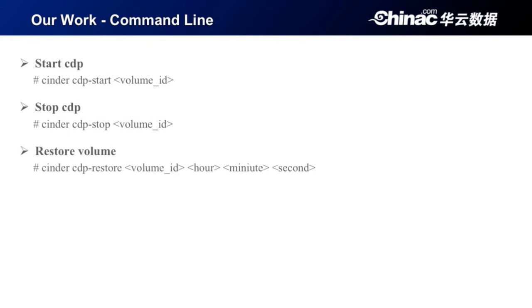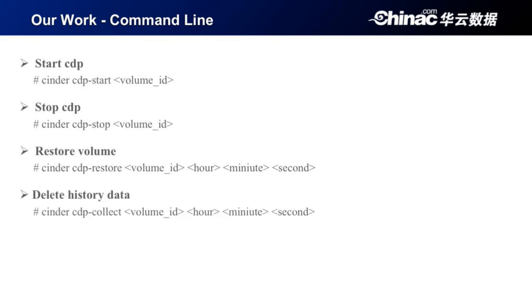Then CDP restore is used to restore a volume at the specified time. The administrator must provide the hour, minute, and second. Now the last command is CDP collect. It is used to delete the history data on the CDP repository. It has the same arguments as CDP restore.